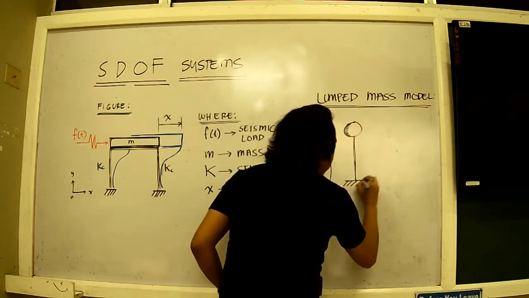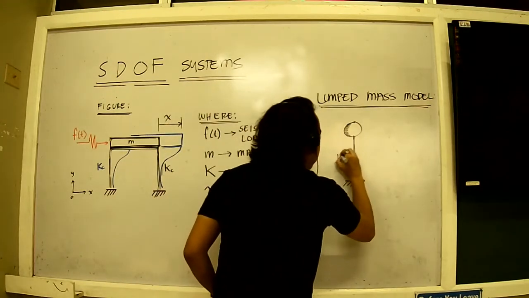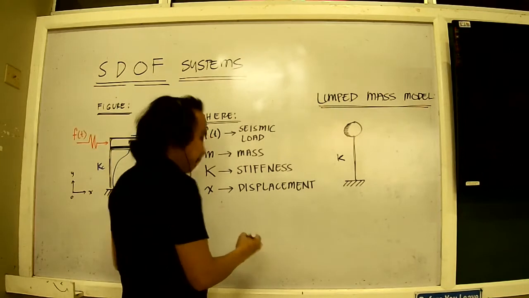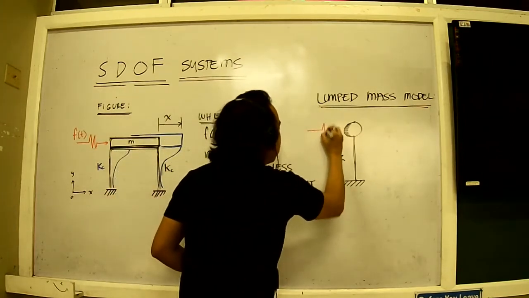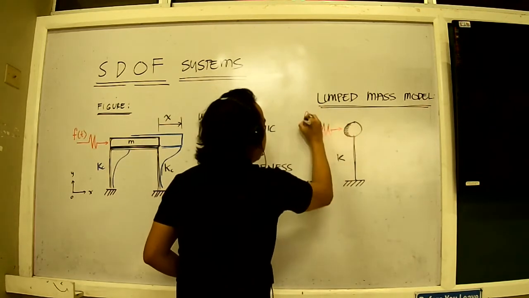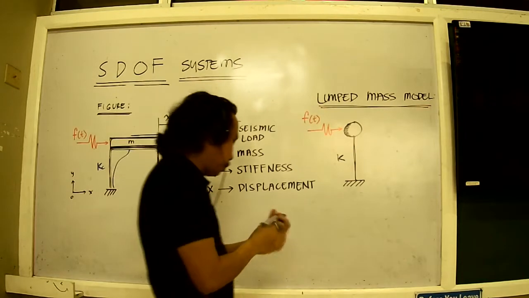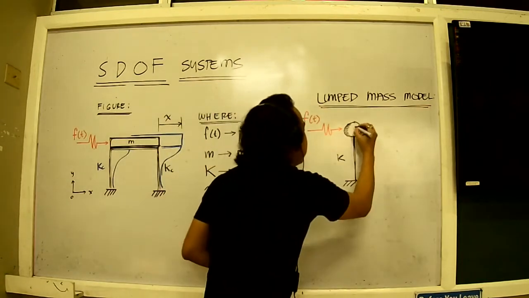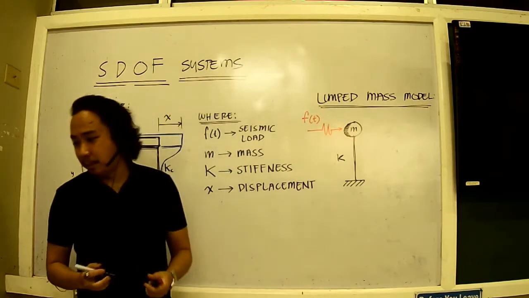Have this. It still has the same stiffness, K, and is also still subjected to the same seismic load, which is defined as Ft. It still contains the same mass and basically has the same properties.